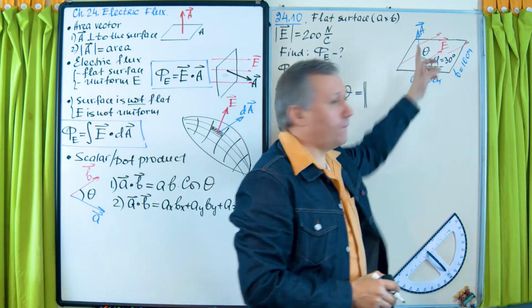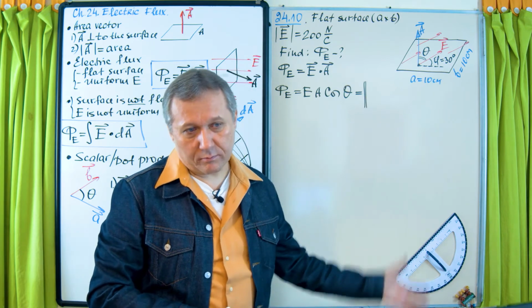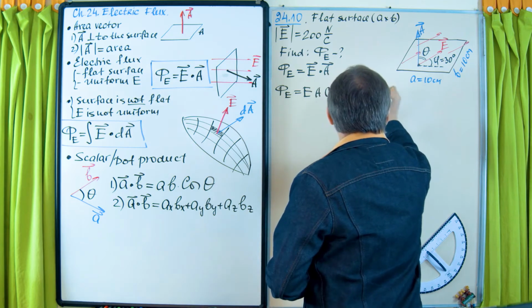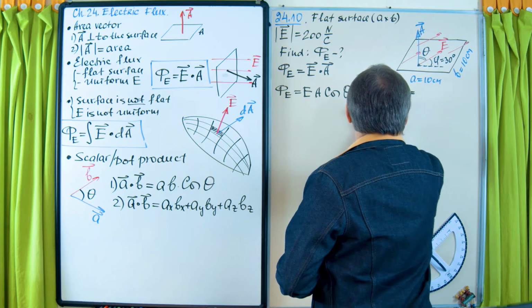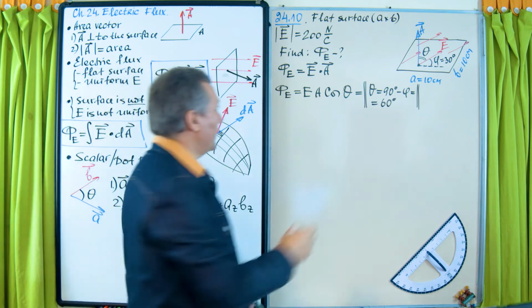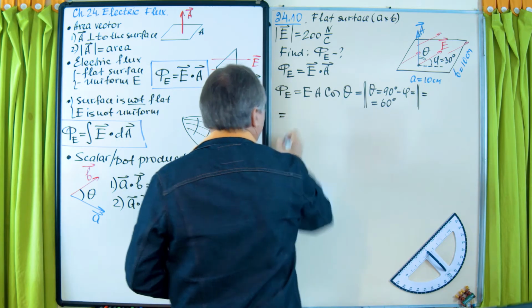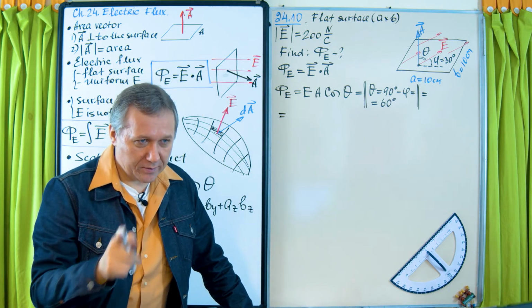Theta and phi complement each other to 90 degrees, so theta will be 90 degrees minus phi, which is 60 degrees. So that's what we should use. And for the area, don't use centimeters, use meters.